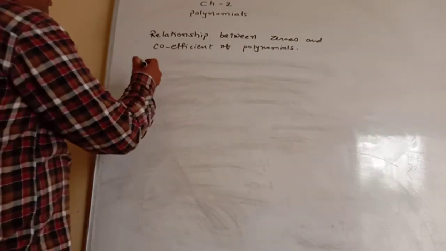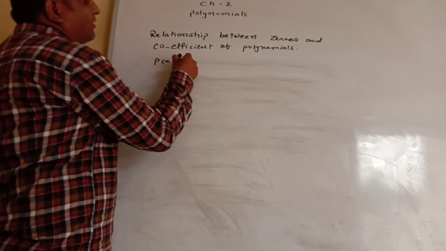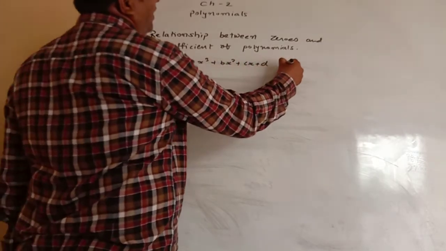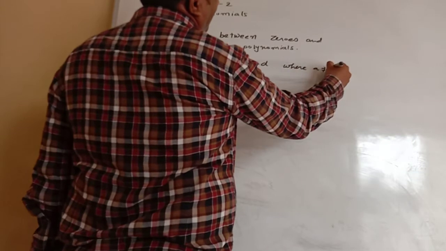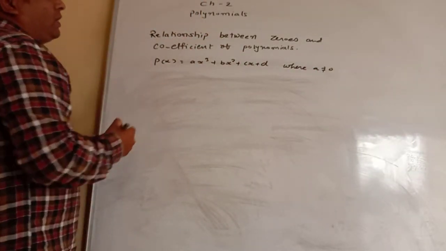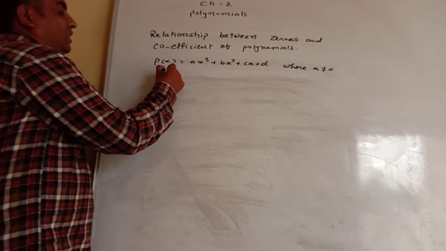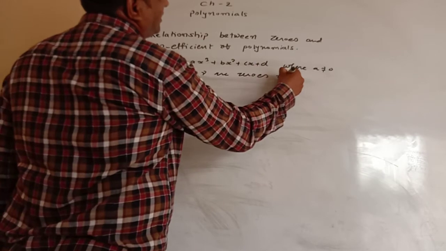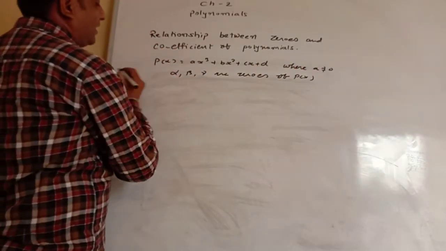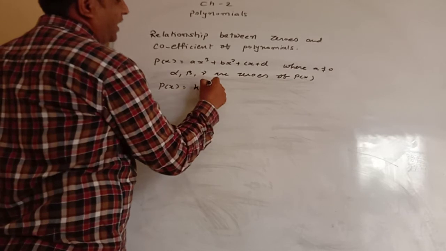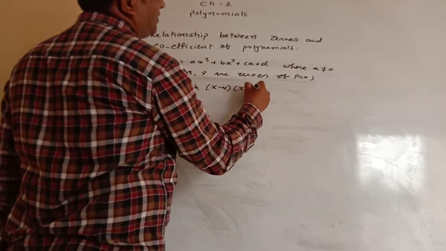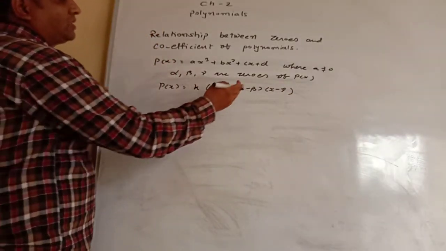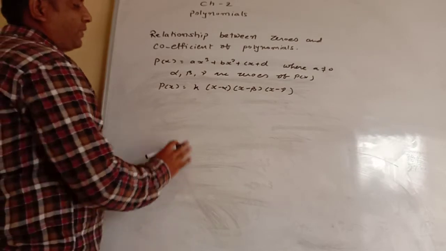Now we see the cubic polynomial p(x) equals ax cube plus bx square plus cx plus d, where a is not equal to 0. Again we know that a cubic polynomial has at most 3 zeros, and so alpha, beta and gamma are zeros of p(x). And by the factor theorem we can write p(x) equals k(x minus alpha)(x minus beta)(x minus gamma), as x minus alpha, x minus beta and x minus gamma are factors of p(x).